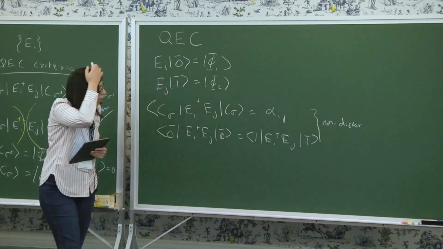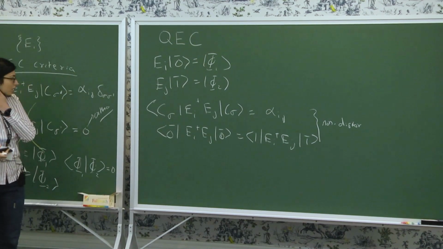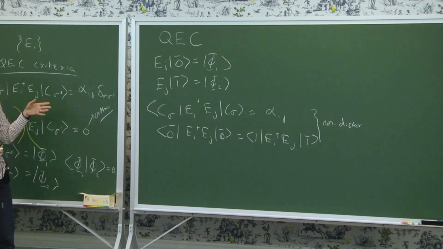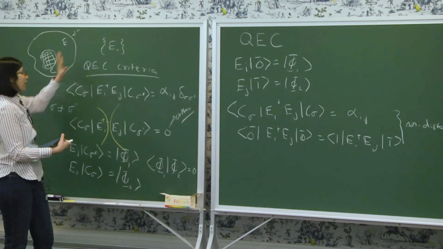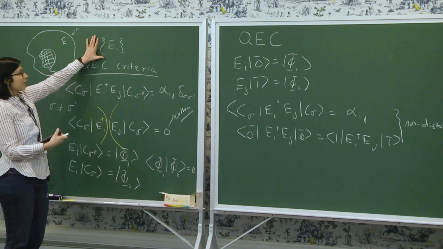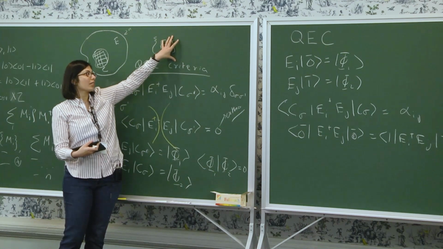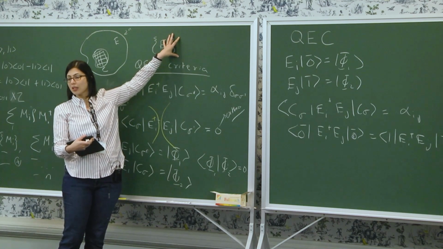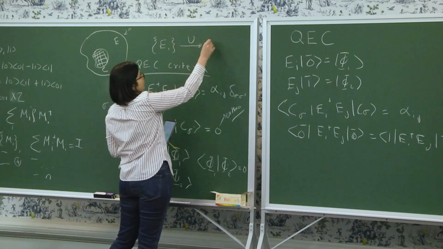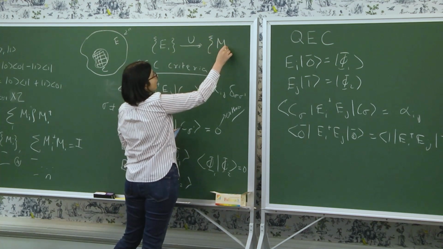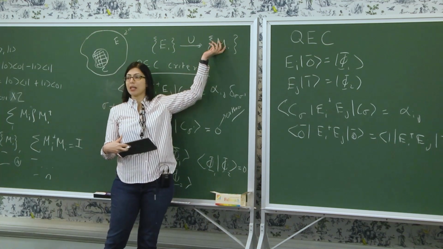To really understand, let me simplify it a little bit. Suppose these operators represent an error channel, then I can always apply a unitary transformation here to get some other set of error operators, let's call it represented with MIs.